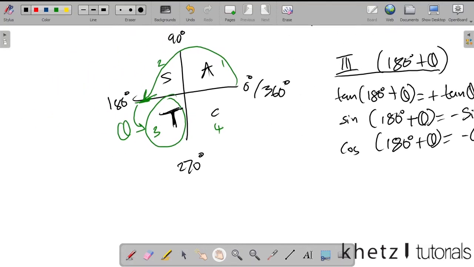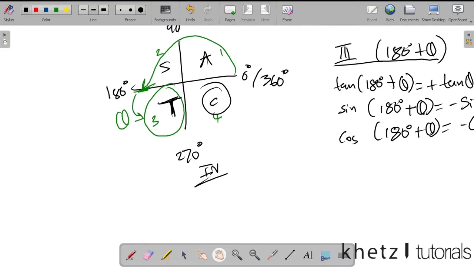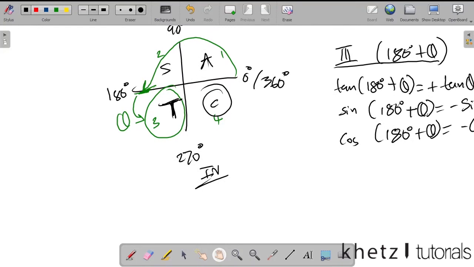Moving on to the fourth quadrant, which is over there. You basically have C in that quadrant, which means your cosine should be positive in that quadrant. And therefore we can say that cosine of whatever angle equals positive cosine theta. But what is the description of this quadrant in terms of angles?